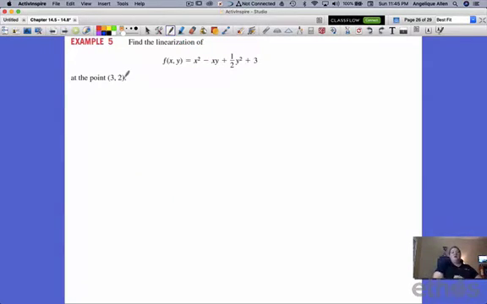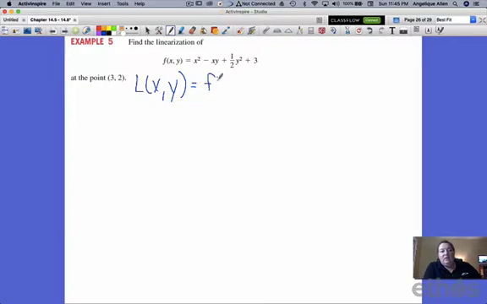Find the linearization of f of x, y at the point 3, 2. So just making sure my notes are close by. We need our linearization L of x, y, and our answer is going to be an equation in x, y.